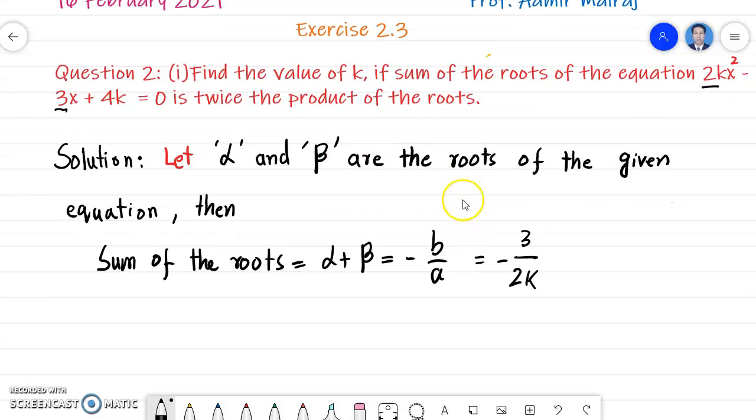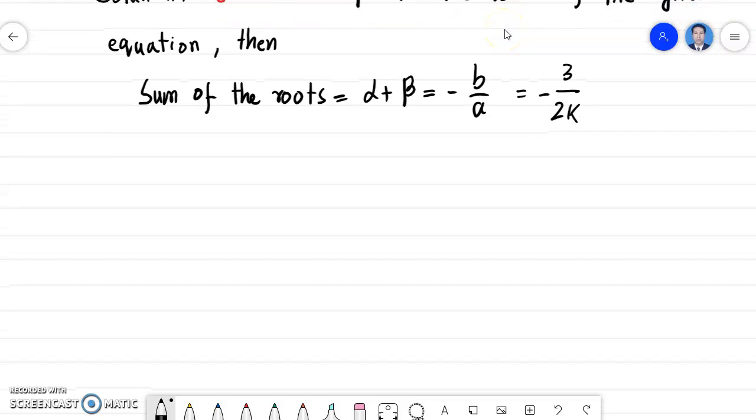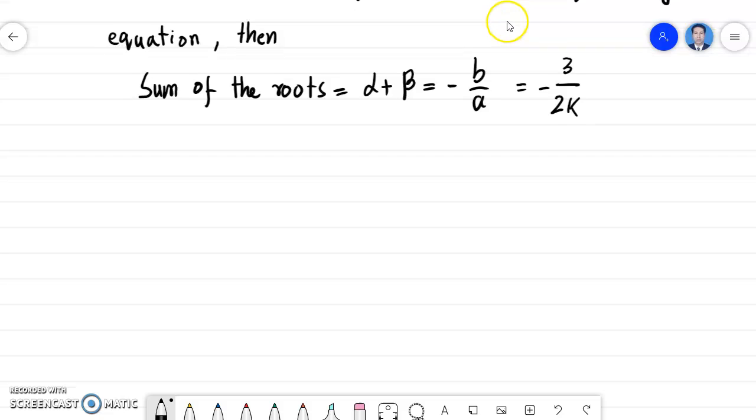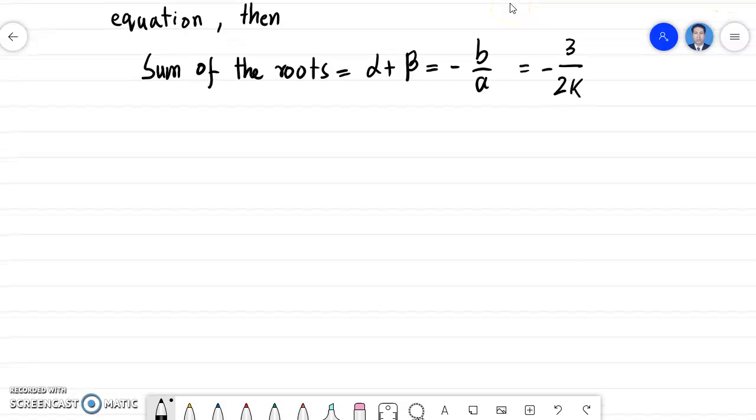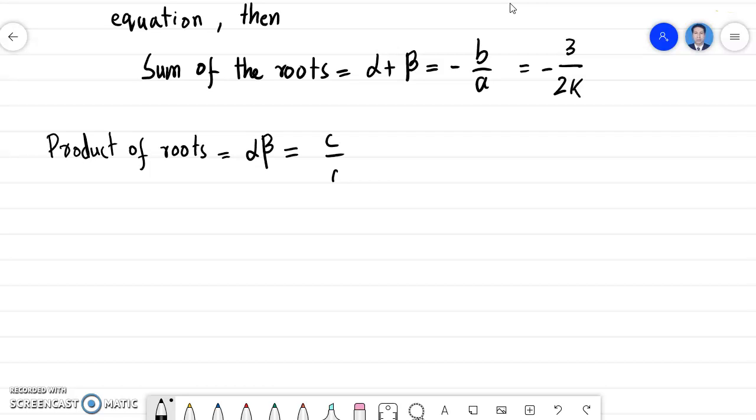Now product of roots of roots is equals to alpha beta and this equal to c over a.